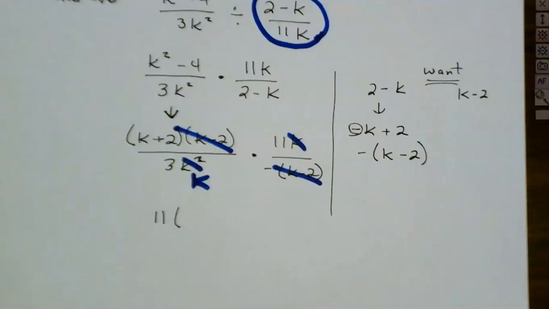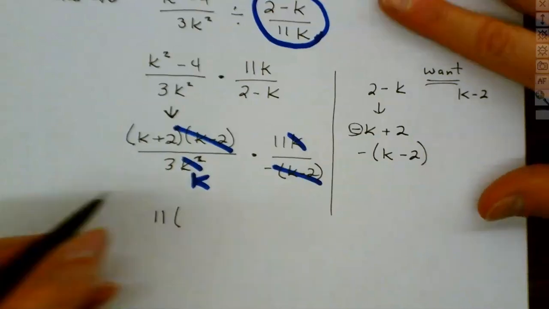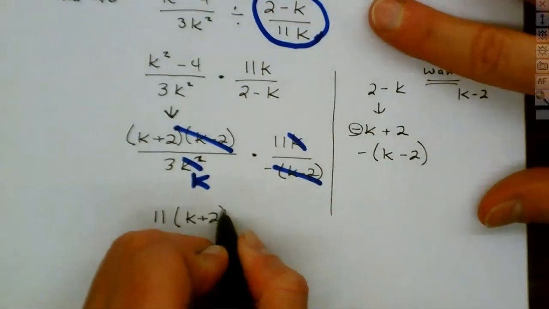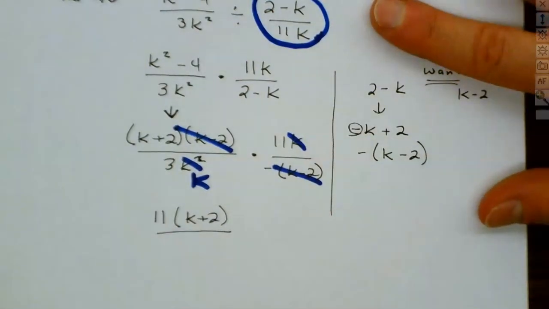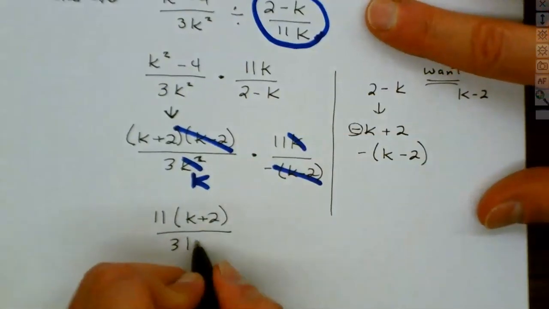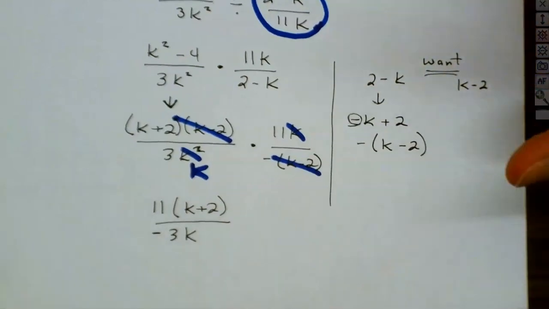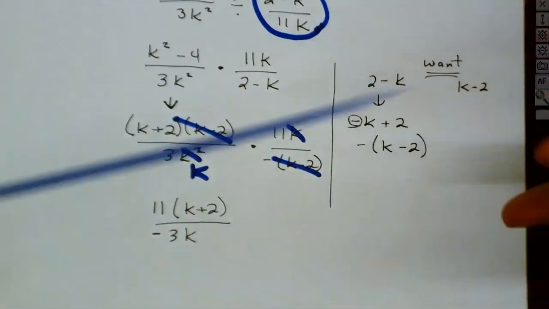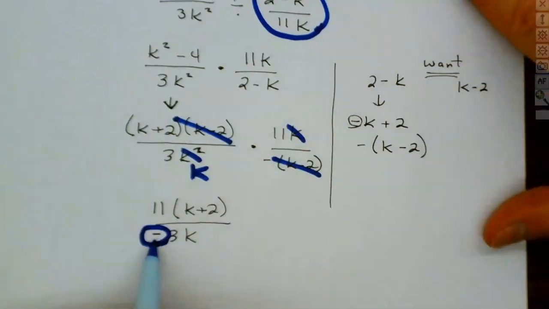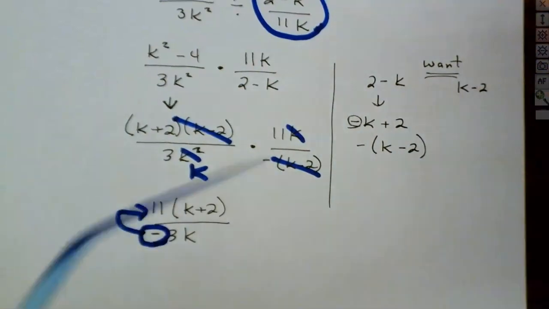So what we have is the 11 that's left over, and then we have a k plus 2. That's there. And we still have that 3 down below, and a k. And don't forget about the negative. We want to bring this negative up to the top, because you never want to leave a negative down below. So bring it up to the top.